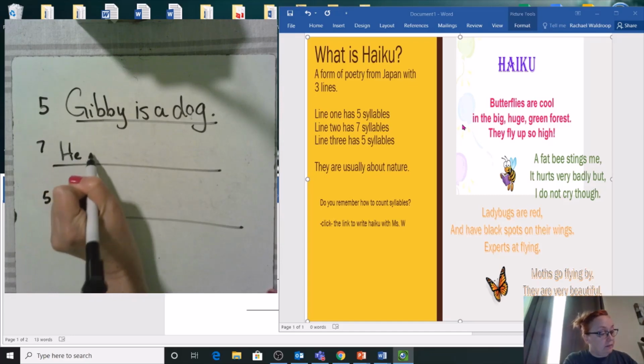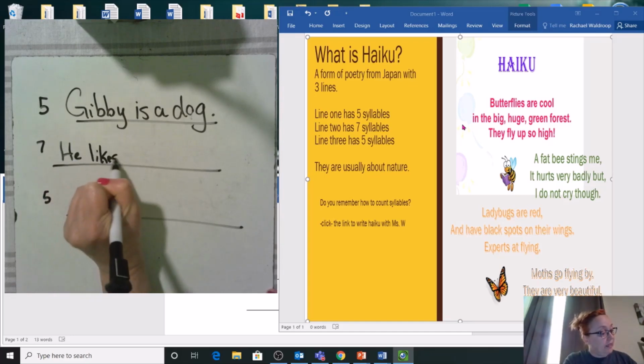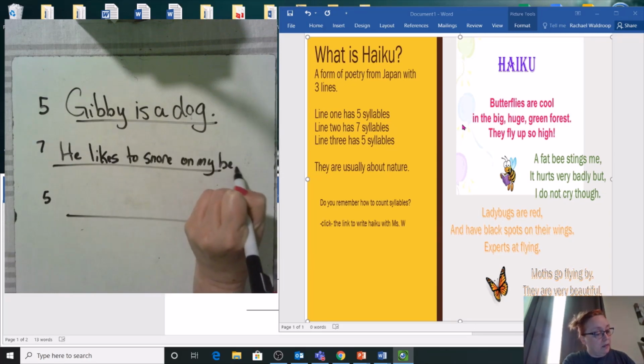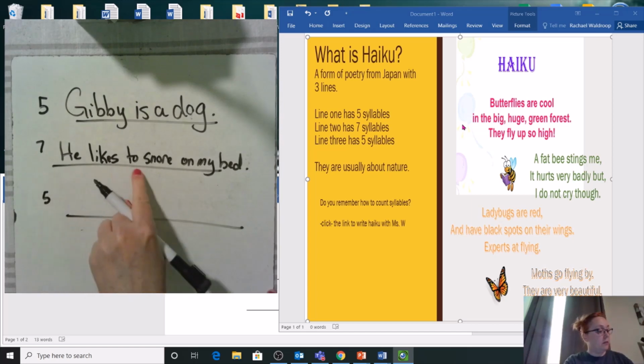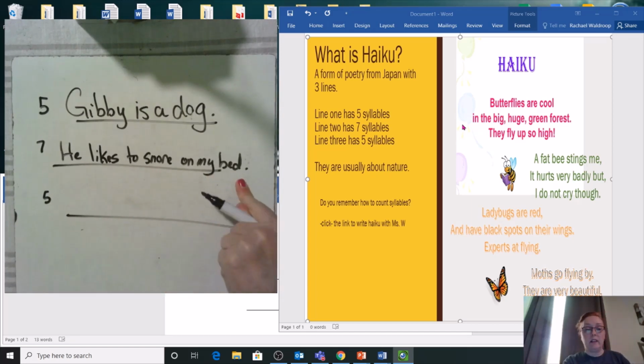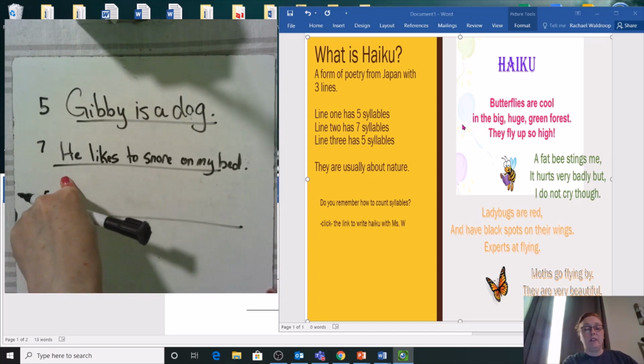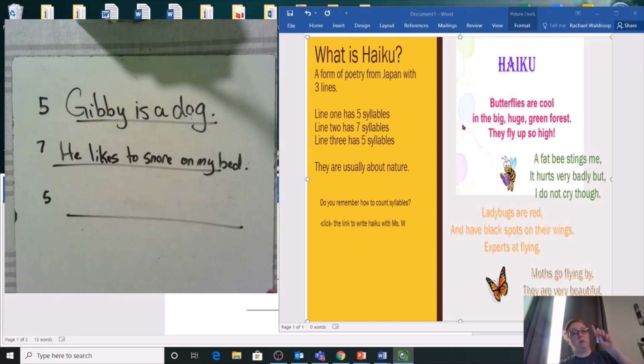Let's write it out. He likes to snore on my bed. 1, 2, 3, 4, 5, 6, 7. Looky there, I've got 7 words. We have to double check and make sure each of those are only 1 syllable apiece. He likes to snore on my bed.